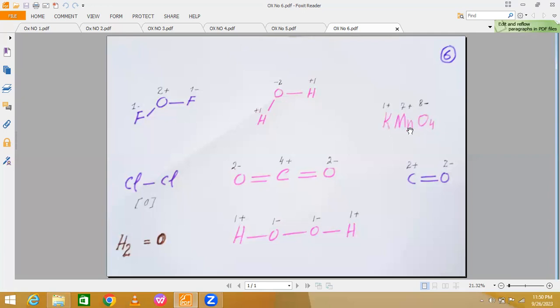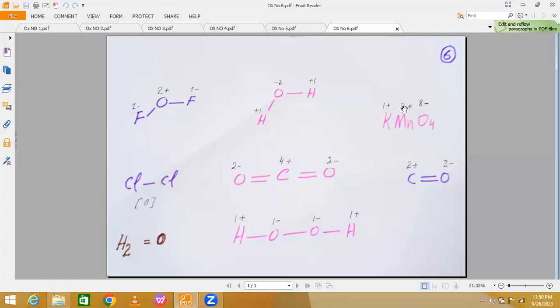So here we can see there are 4 oxygen, 1 potassium, 1 manganese. So 4 oxygen mean the total oxidation number is 8 minus, the oxidation number of the alkali metal is always plus 1, and ultimately the oxidation number of manganese would be 7 plus. Why? Because here we have 8 minus, and on this side that is 7 plus and 1 plus, or 8 plus.